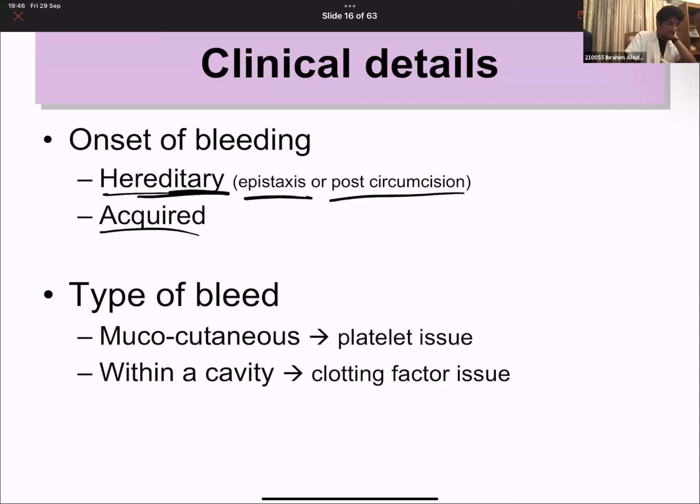If the type of bleed is mucocutaneous, which means it's more superficial on your body, it's likely that the bleeding isn't due to an issue with your platelets. So we talked about the Glanzmann thrombasthenia and the Bernard-Soulier. But if the bleeding is within a cavity or much deeper in your body, it's likely that the issue is actually with the clotting factors. So do we get that?